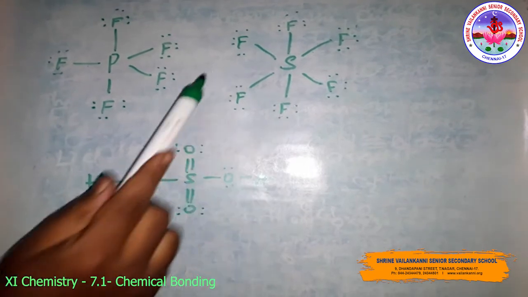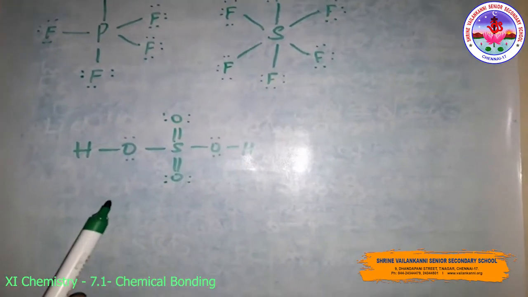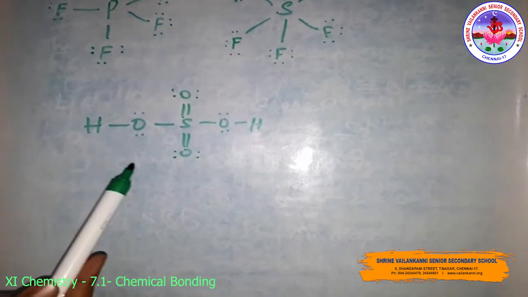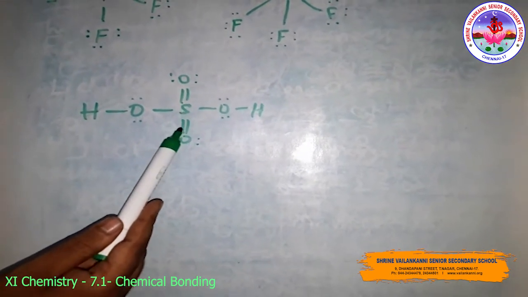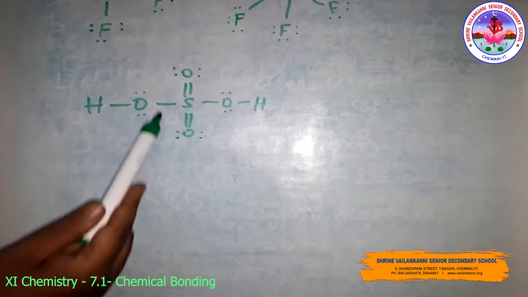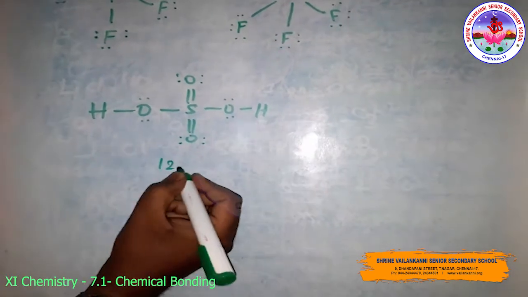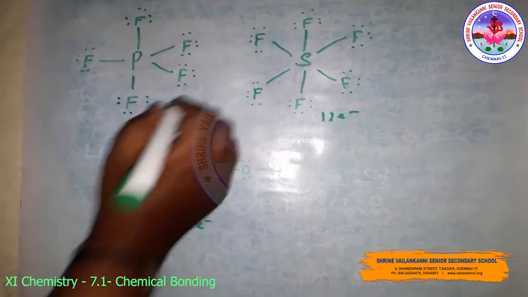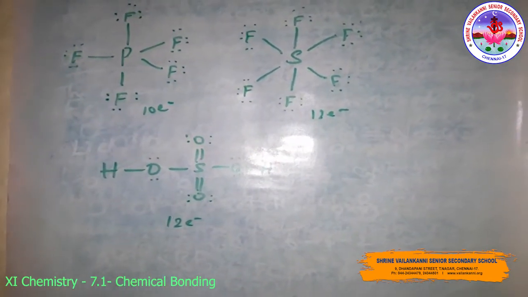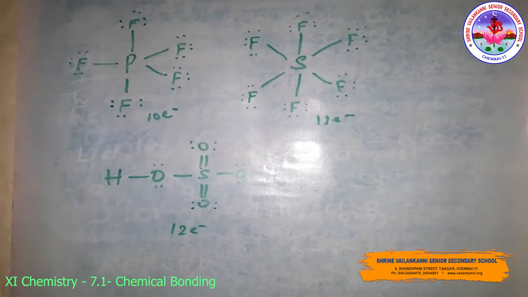So 12 electrons are surrounding it. In sulfuric acid, here also 2, 4, 8, 10, 12. So 12 electrons are surrounding here. Here also 12 electrons, and here also 12 electrons. Here 10 electrons are surrounding. This does not fit into the octet configuration.